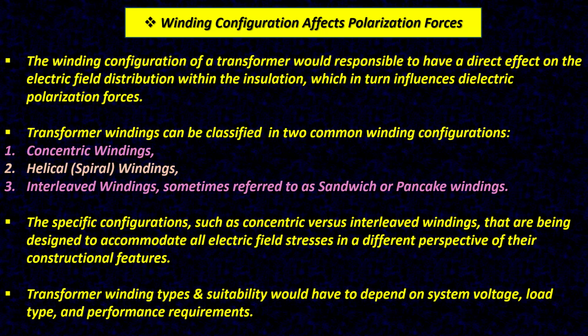The specific configurations, such as concentric versus interleaved windings, are designed to accommodate electric field stresses from different perspectives of their constructional features. Transformer winding types and suitability depend on system voltage, load type, and performance requirements.